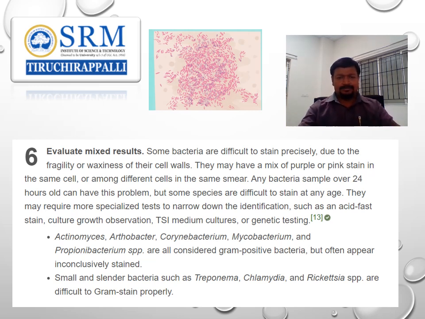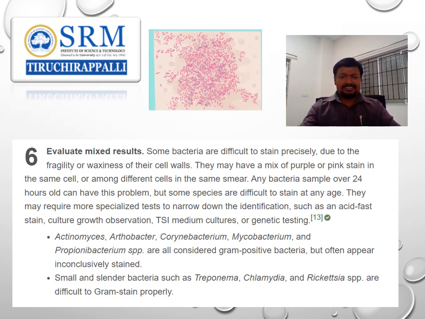Any bacterial sample over 24 hours old will be a problem, as the old culture's microorganisms are already dying. But some species are difficult to stain at any age. They may require more special tests to narrow down the identification, such as acid-fast stain, culture growth observation, TSI medium culture, or genetic testing.